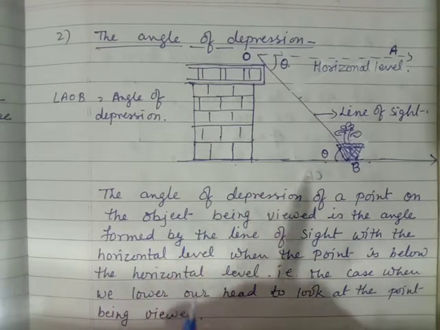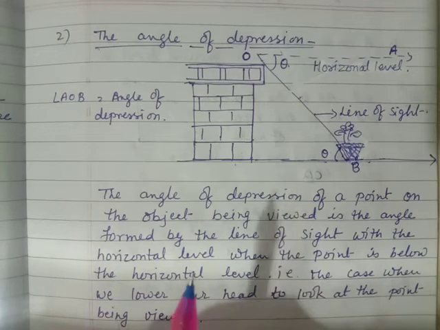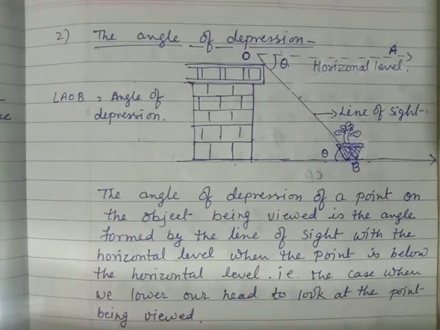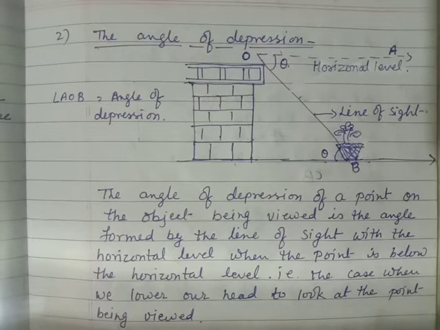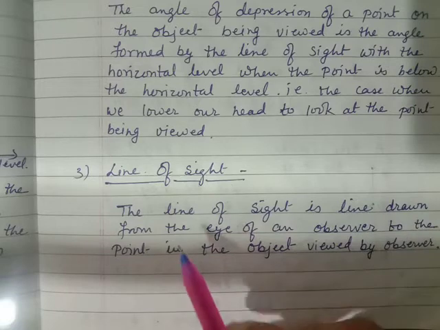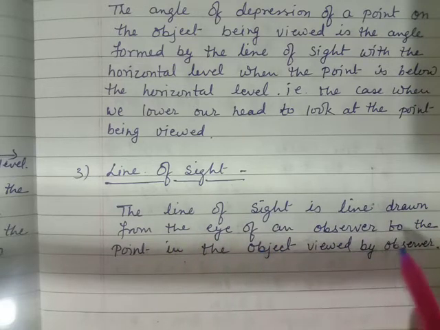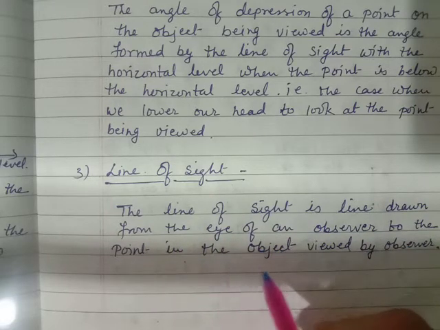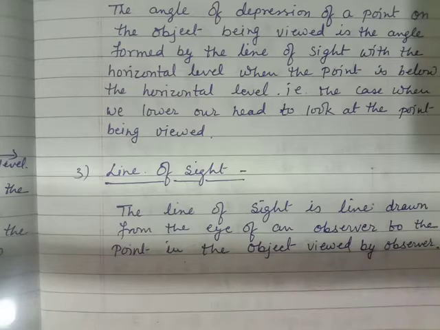If you are able to draw the correct figure in trigonometry, then your half job is done. This is the line of sight. The line of sight is the line drawn from the eye of an observer to the point in the object viewed by the observer.